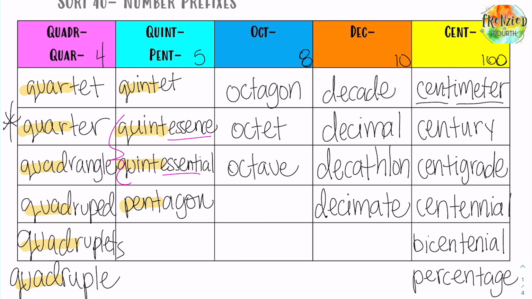We have century, which is 100 years. We have centennial.